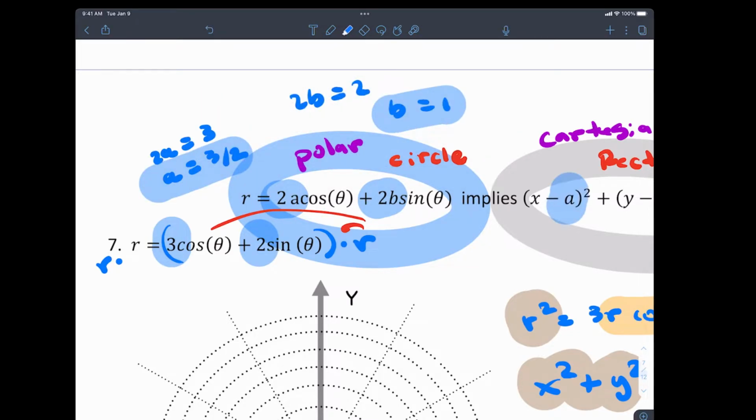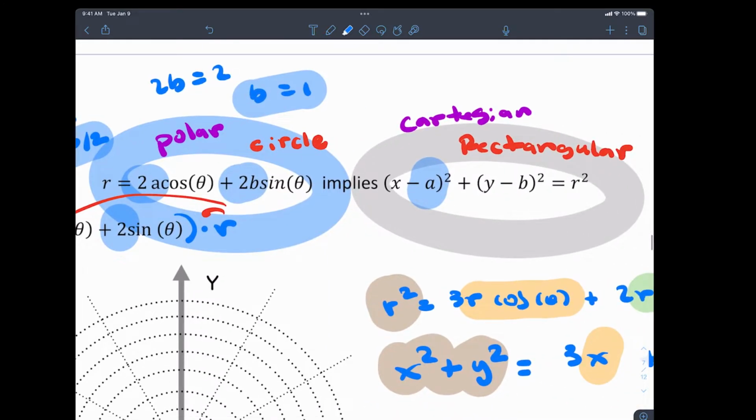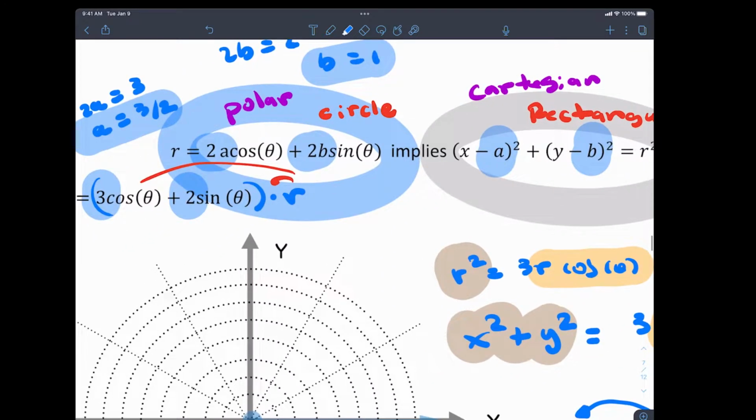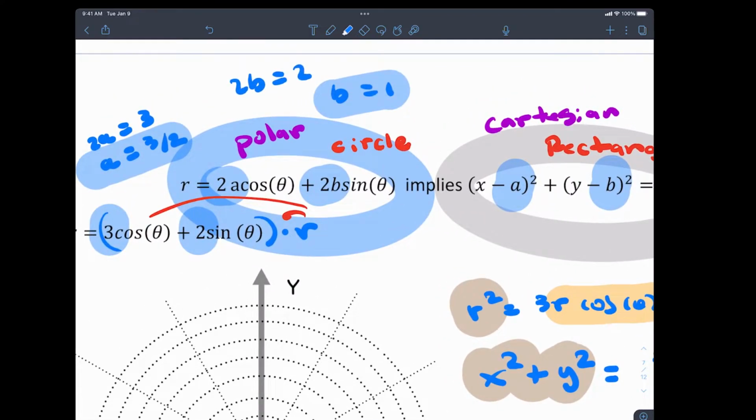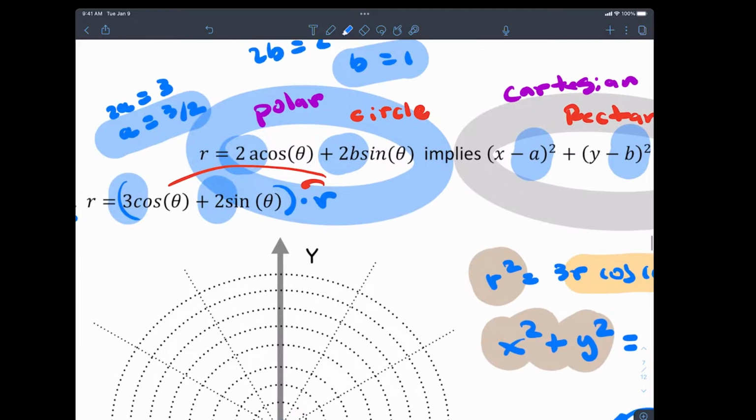If you're awake, ladies and gentlemen, and you already know the form, 2a cosine theta plus 2b sine theta, guess what you can do? You don't have to complete the square. Oh my God, does that make some sense? Wow.